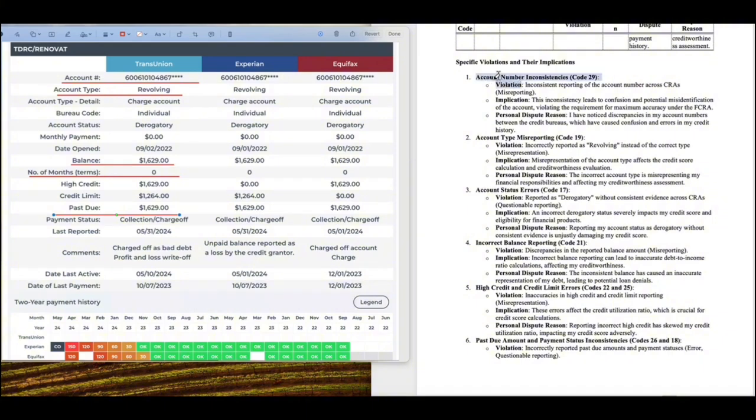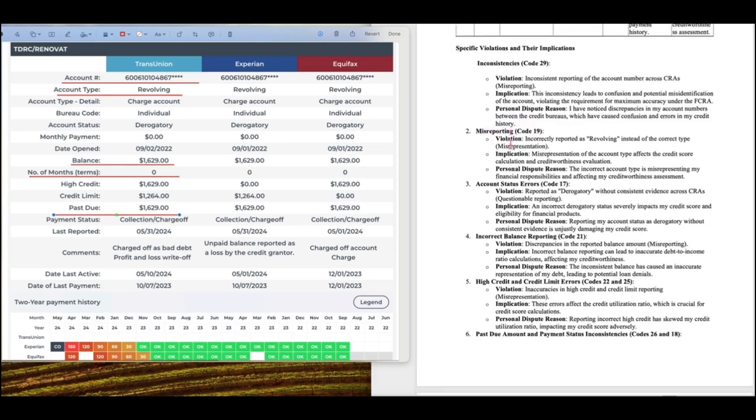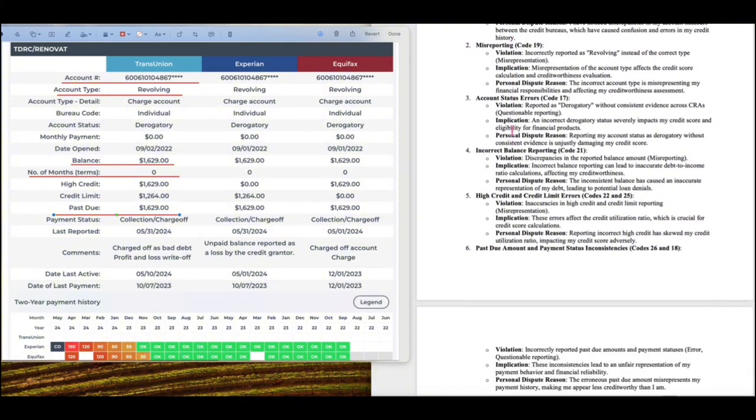But what I'm going to do is go back to this letter and remove everything that tells them exactly what the account is, because they should know the Metro 2 codes. It actually does help me get results, guys, to make their jobs harder. So where it says account type, I'm just going to delete that. And account status, I'm going to delete that.